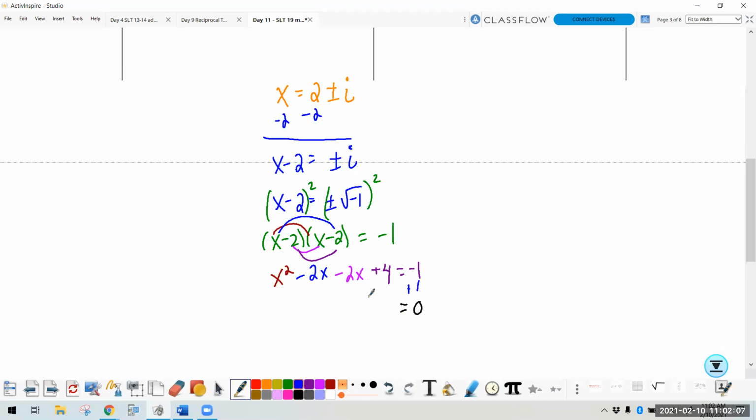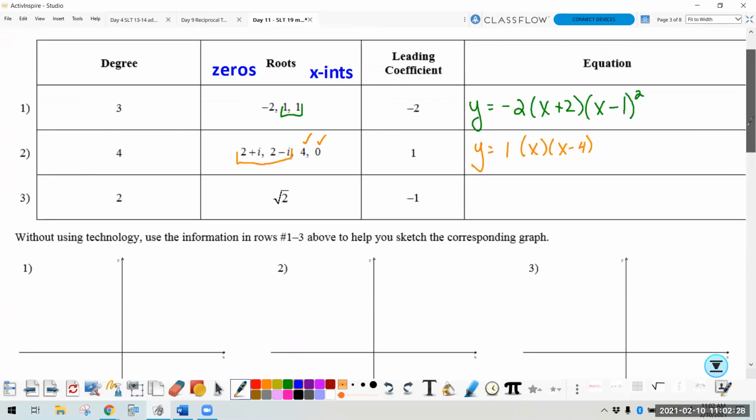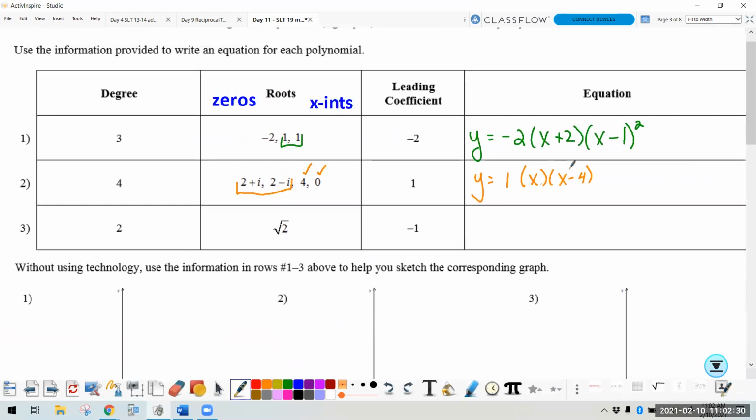So if we add the 1 to the right side and combine our like terms, that factor would be x squared minus 4x plus 5. So if I was given this factor, I would have solved it to get these 2 answers. So let's go put that in our factored form.